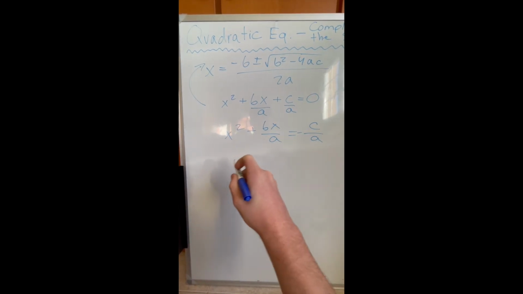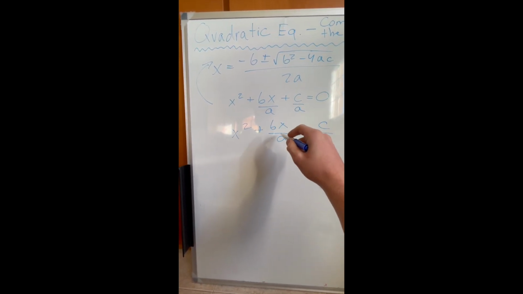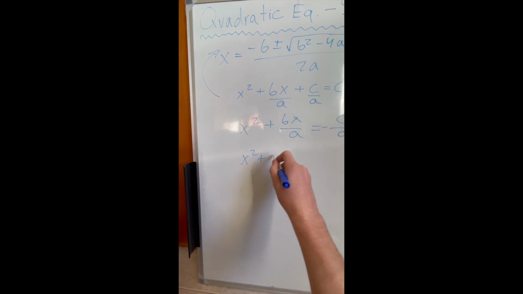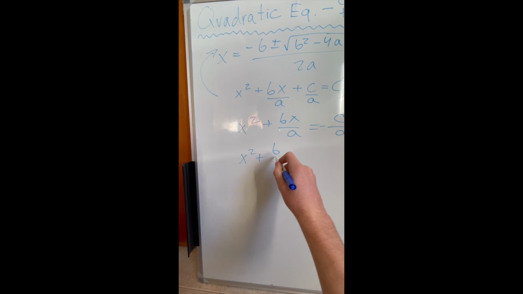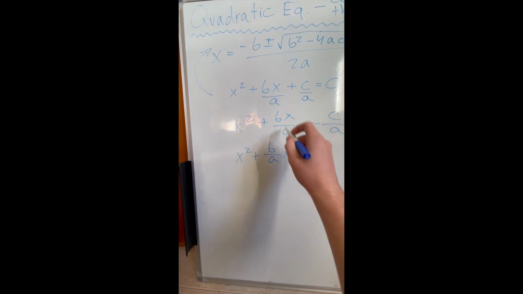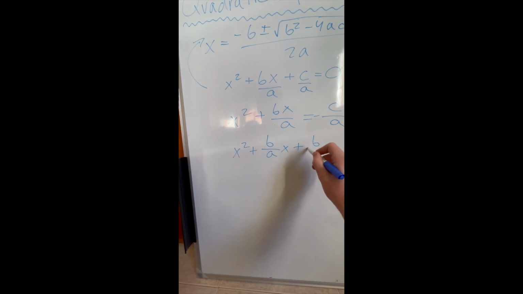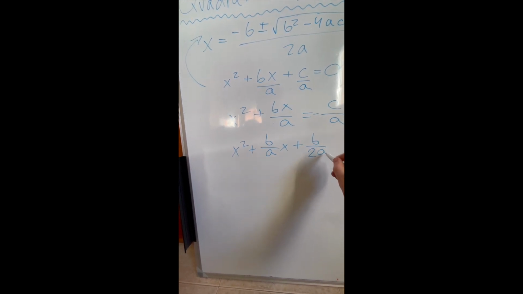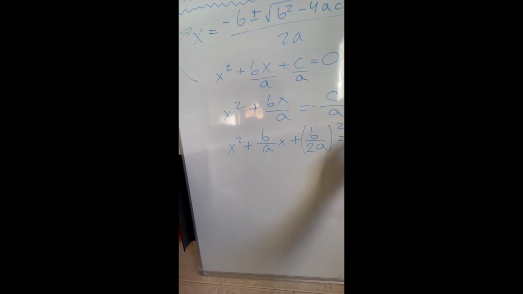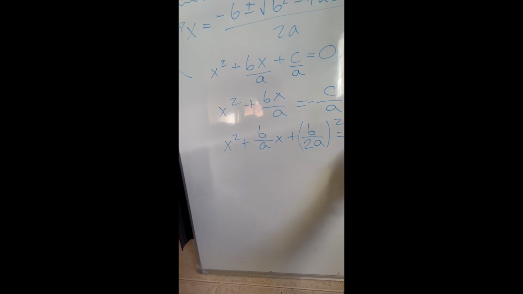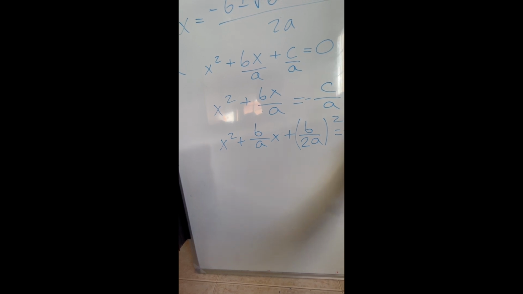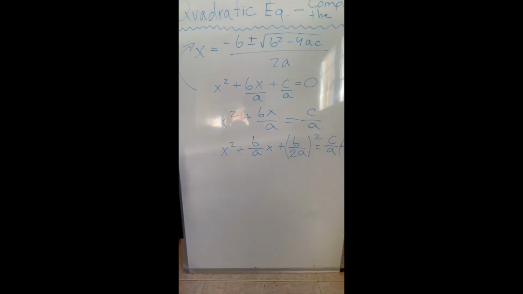Now you add on both sides half and squared of this coefficient. So x squared plus b over a x plus, 1/2 times b over a is just b divided by 2a, and all this squared, equal to minus c over a plus b over 2a, and all this squared as well.